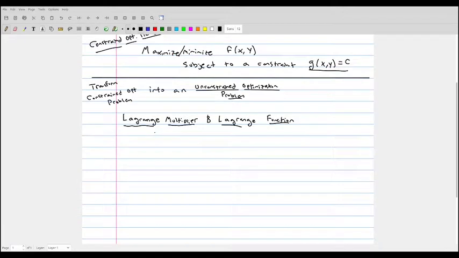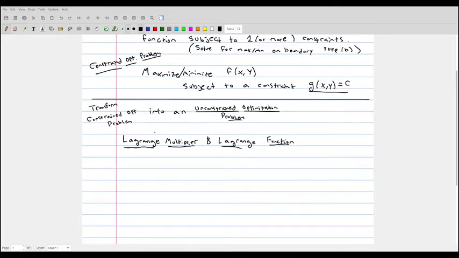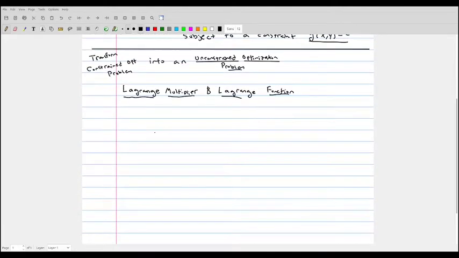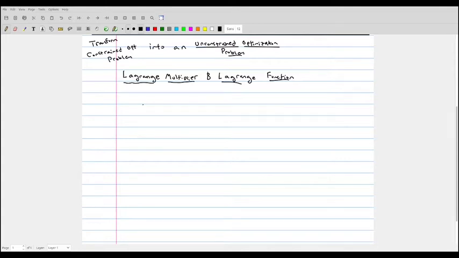For the problem that we're considering now, a function of two variables with one constraint, the Lagrange function is going to be a function of three variables: the two original variables, and a new thing that we'll call the Lagrange multiplier. We'll call it lambda. So lambda here is the new Lagrange multiplier.